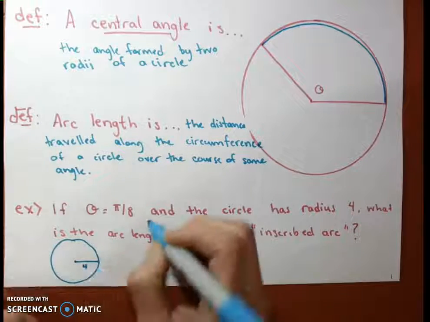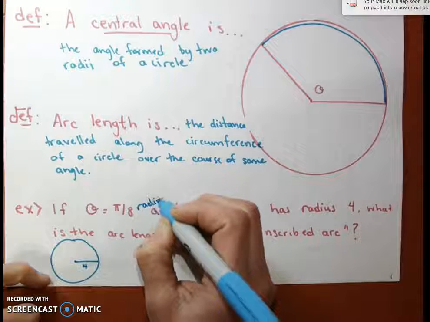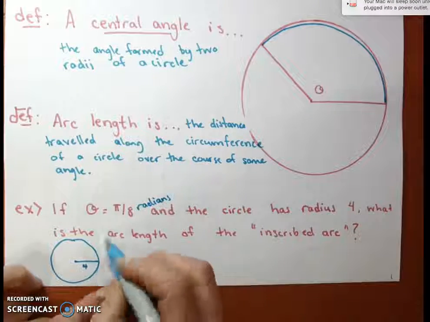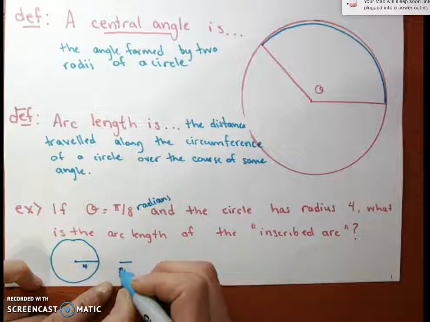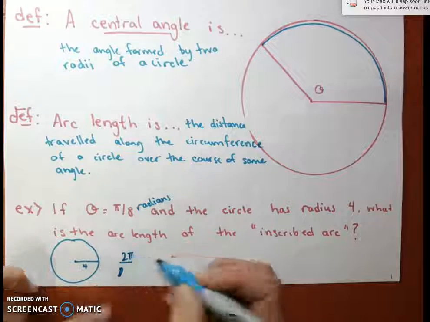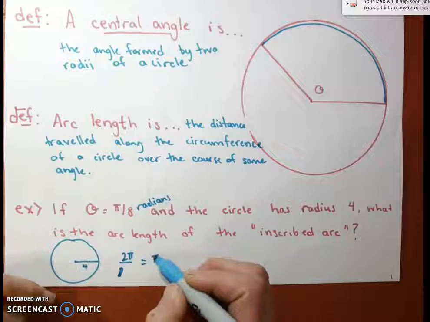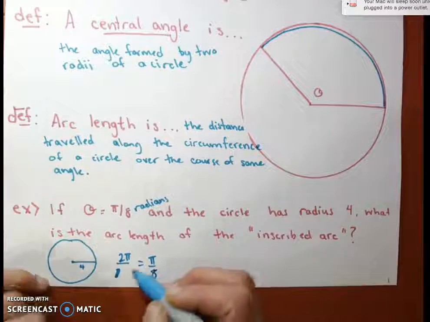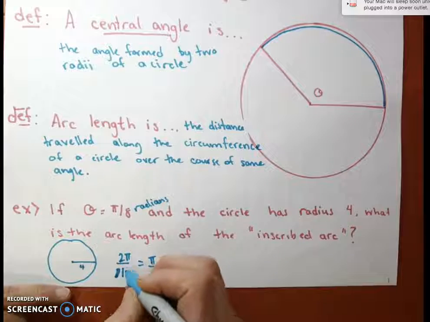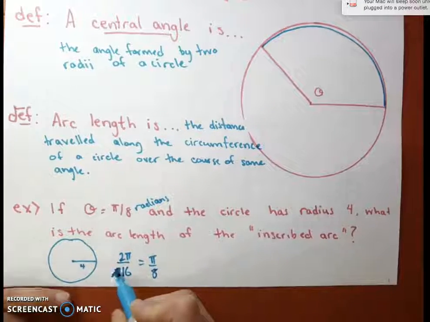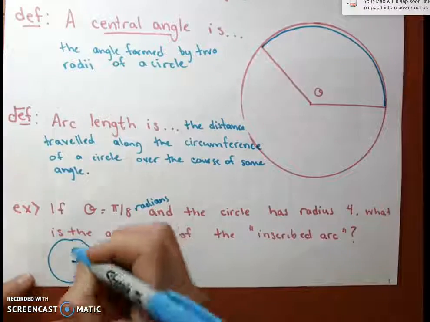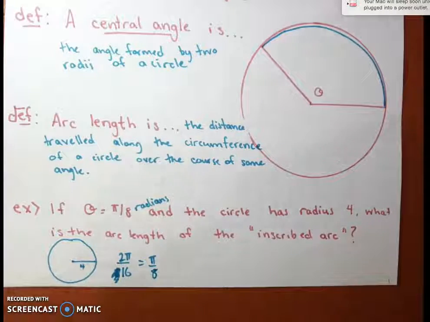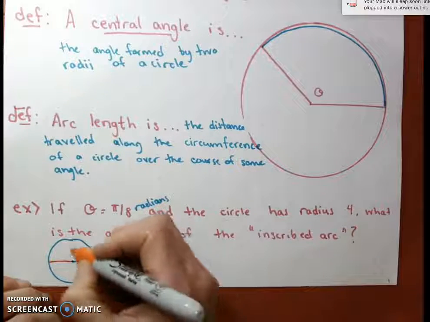So remember, this is measured in radians. If a full circle has 2 pi radians, then in order to get pi over 8, I need to separate the circle into 16 equal parts, because 2 pi over 16 is the same as pi over 8. So if I break this circle up into 16 equal parts, so that's 2.